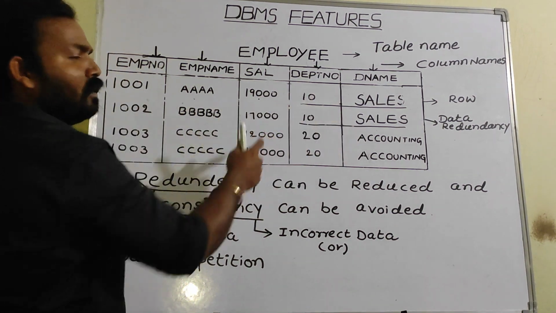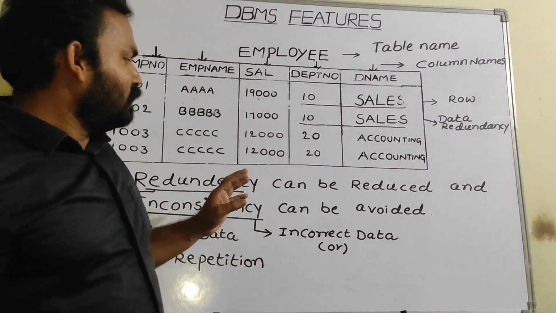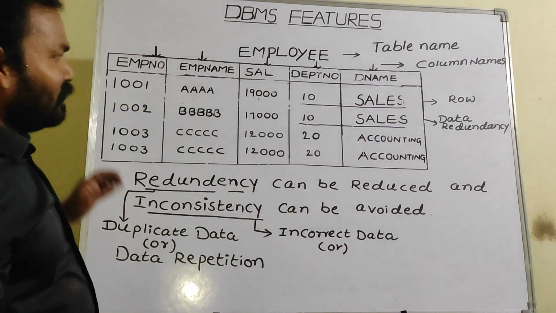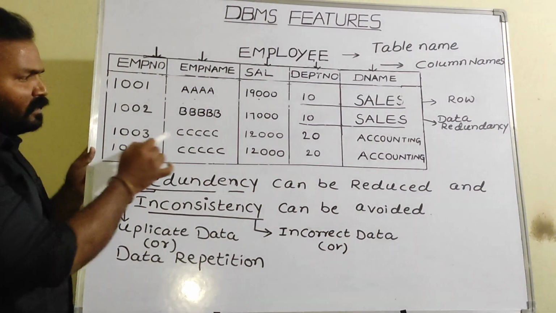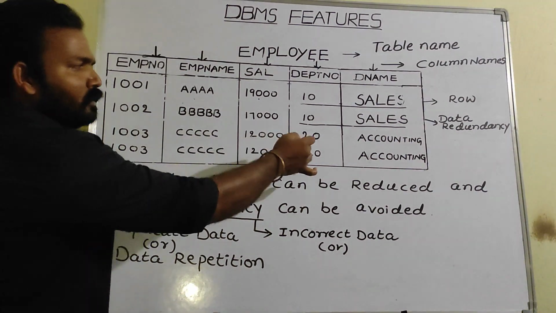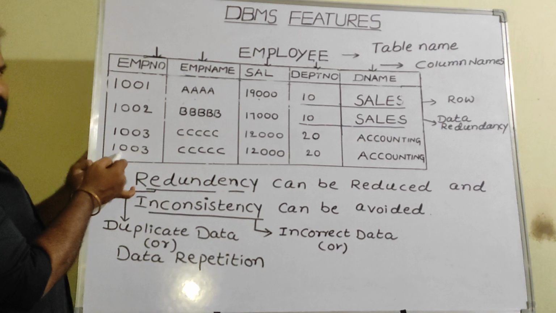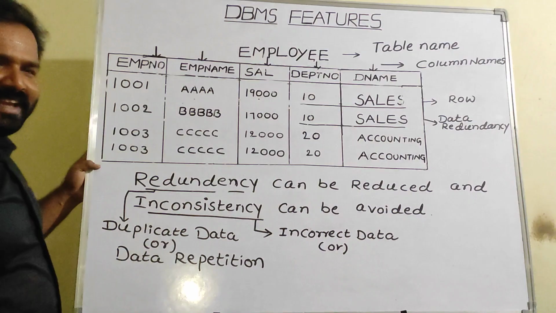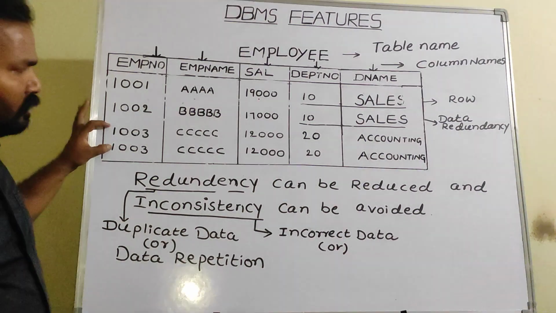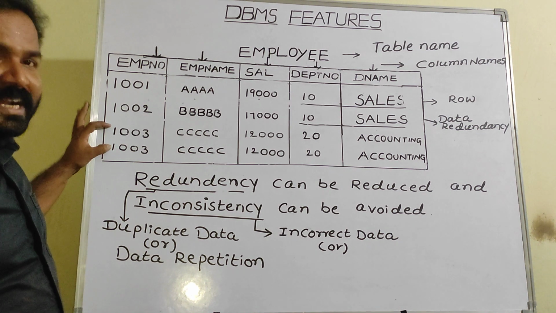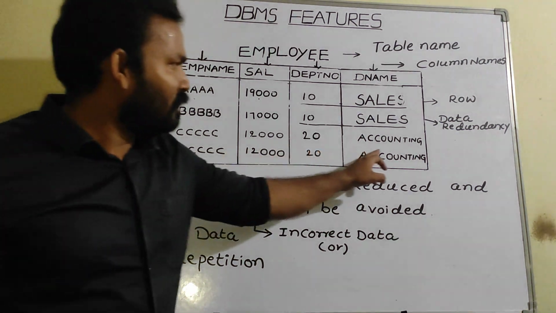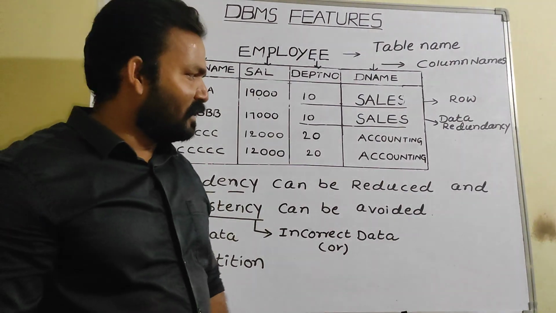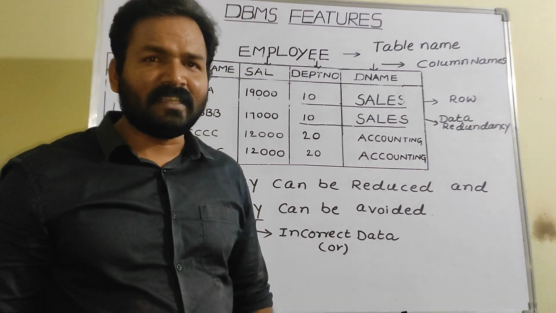Some part of a record repeated is also called data redundancy or duplicate data. Next, 1003, some name, 12,000, 20, accounting. Again, redundancy, data repetition or duplicate data.